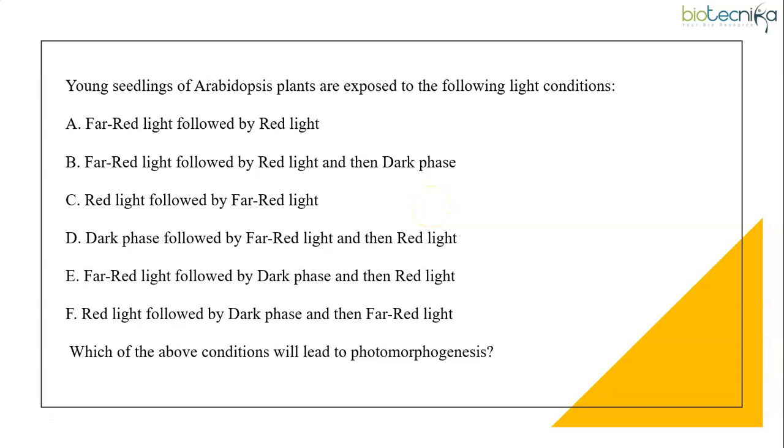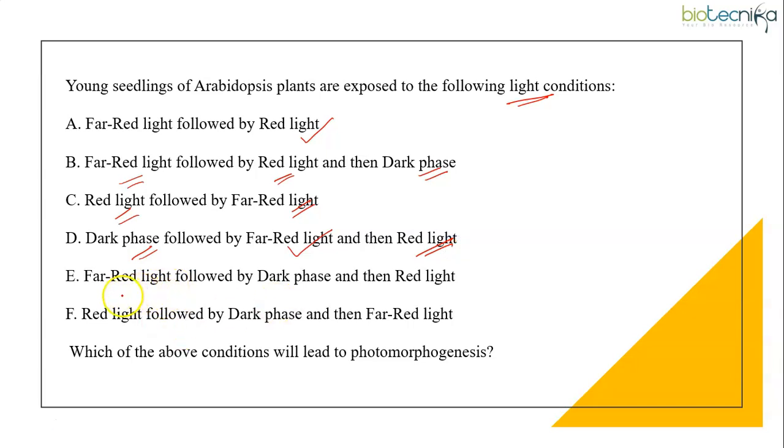So, the very first question is: young seedlings of Arabidopsis plants are exposed to the following light conditions. Far red light followed by red light; far red light followed by red light, then dark phase; red light followed by far red light; dark phase followed by far red light and then red light.